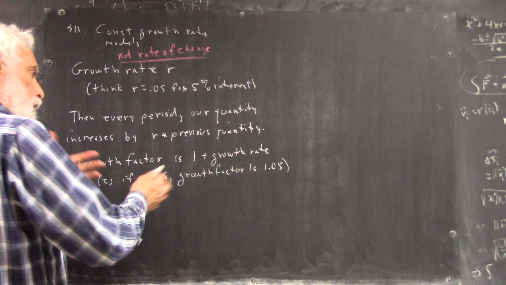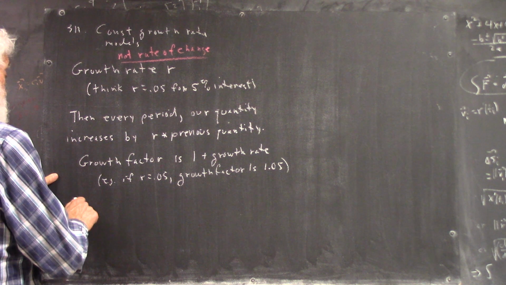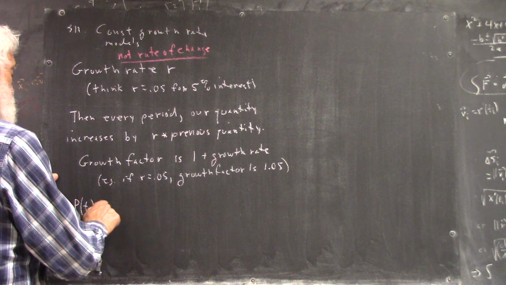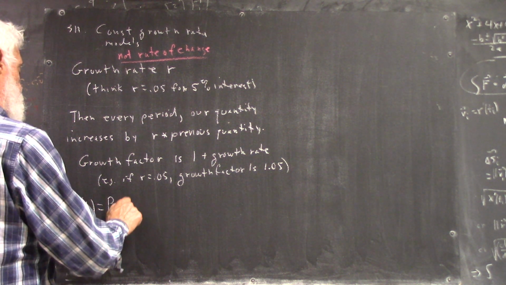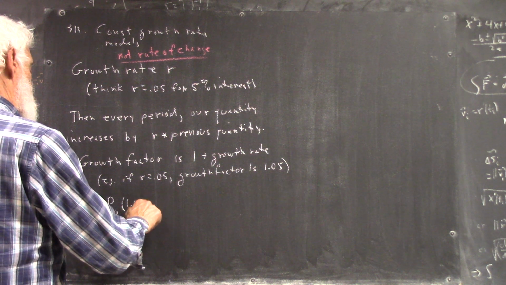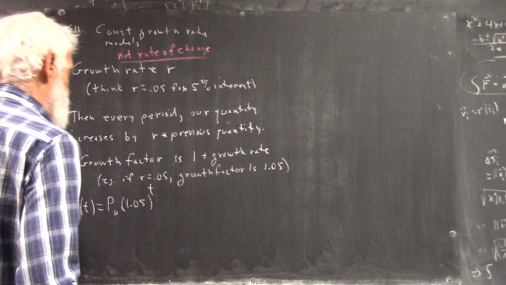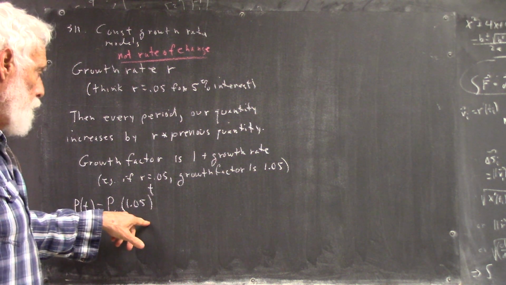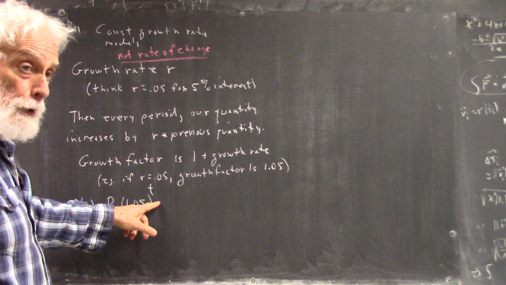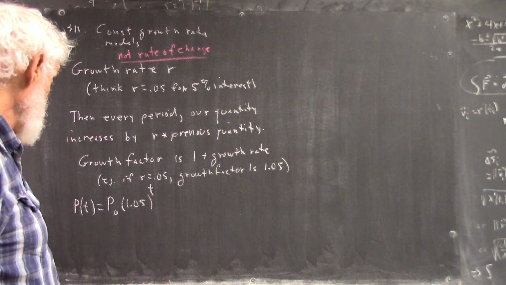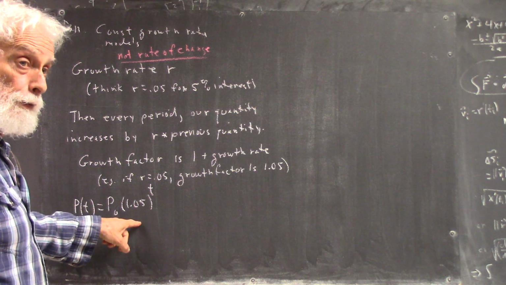Now you know if you have a principal function, and we're familiar with the idea that you raise your 1 plus 0.05 to the t for t periods, meant for t years in this case, and you get your principal function.